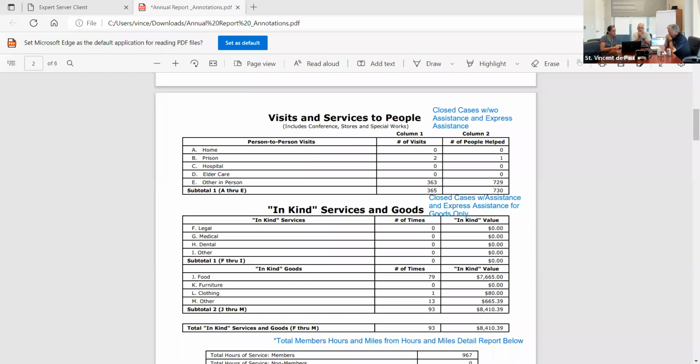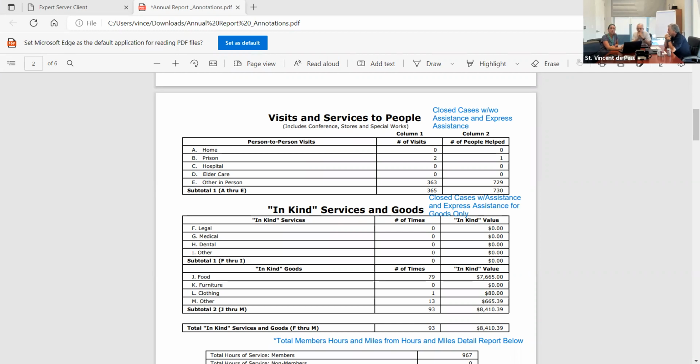Let's say it was a Christmas program and you helped 70 people. Then CMS would update the number helped by 70 people. So the answer to your question is yes, for the cases that are in the system. It knows about that, but it does not know about the special works activities that you might have done, where you helped a lot of people.